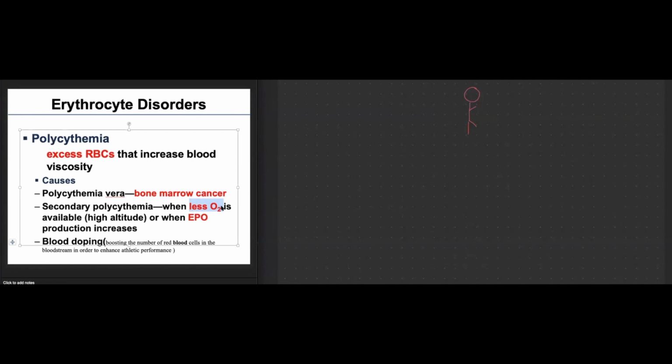And remember, the kidney responds by releasing erythropoietin that will stimulate the hemocytoblasts in my red bone marrow to proliferate rapidly and to increase the red blood cell count. So here it's a secondary polycythemia due to low oxygen levels.